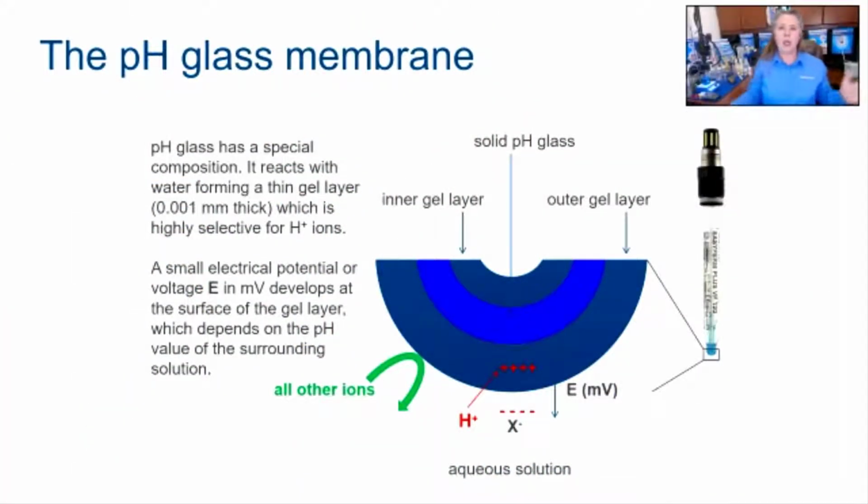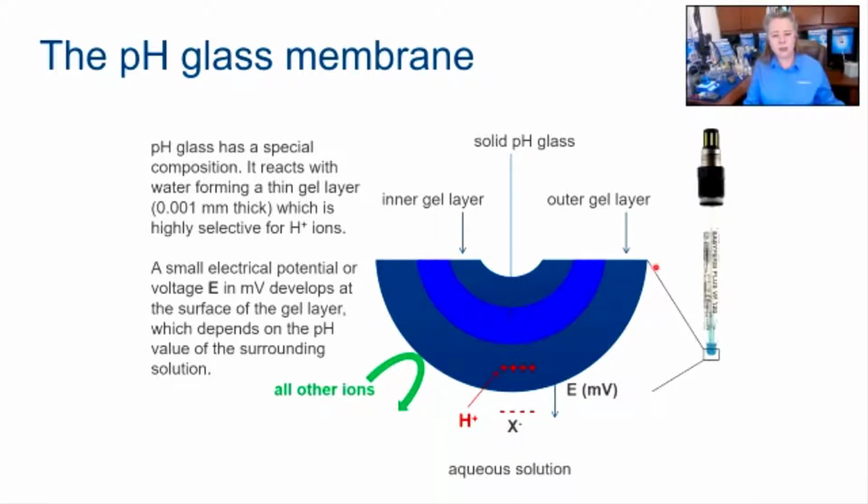Well, that glass, when it forms in a liquid aqueous solution, will form an inner and an outer gel layer. And pH is measured by the difference between what that inner layer looks like and the outer layer. Keep in mind that that inner layer is enclosed, and it's in a special environment that never sees anything but itself. So it's your standard side. It should stay consistent throughout.